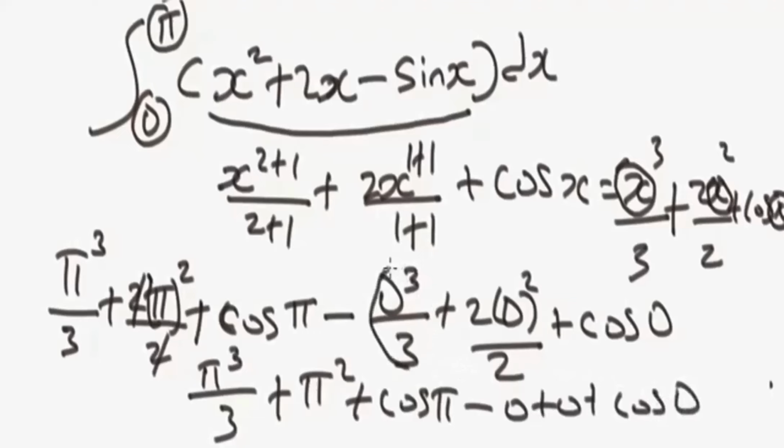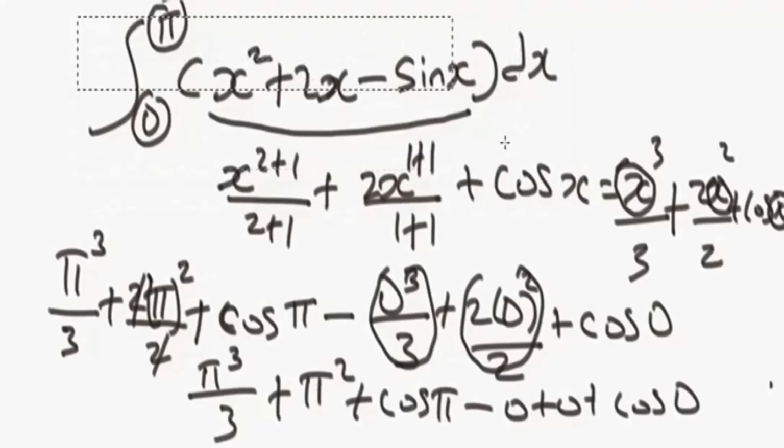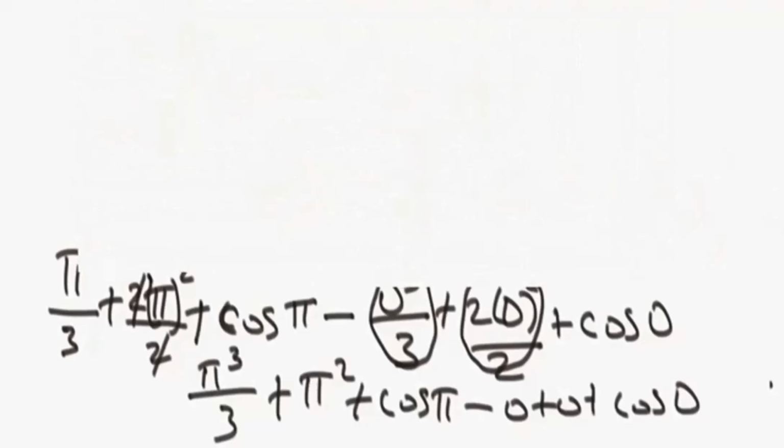Everything with 0 here will give you 0 when you do the math. Let me clean this up and complete this problem. We're going to have pi to the power 3 over 3 plus pi squared.